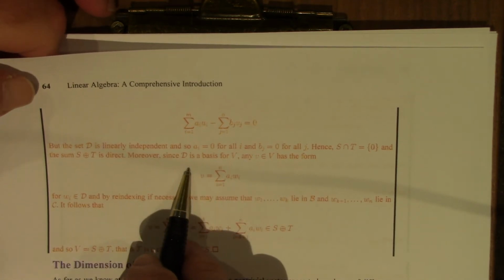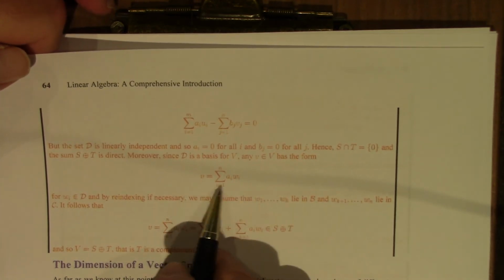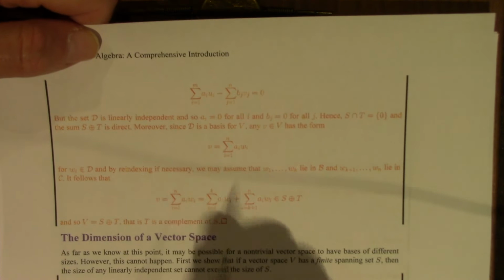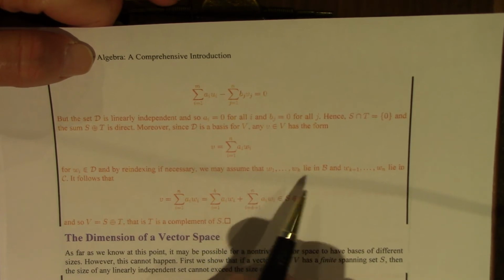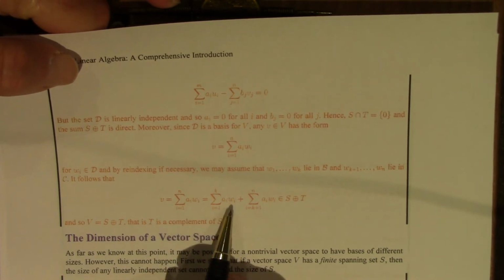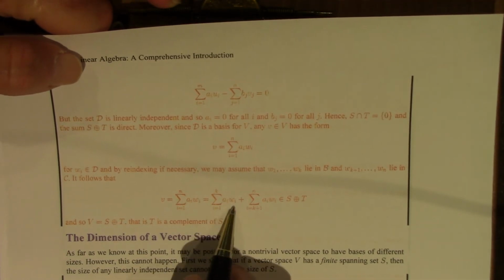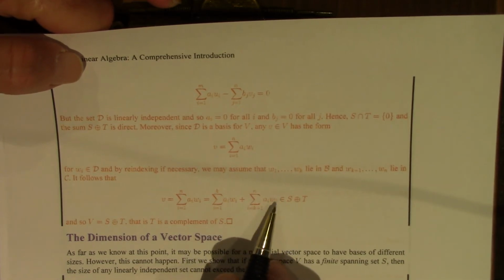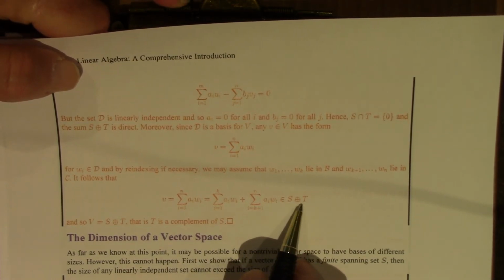Moreover, since D is a basis for V, any vector v in V is a linear combination of the vectors from D. But D is the union of B and C. So by rearranging the terms, reindexing, whatever, we can write v as a sum of a linear combination of vectors that come from B plus a linear combination of vectors that come from C. In other words, it's in this direct sum.